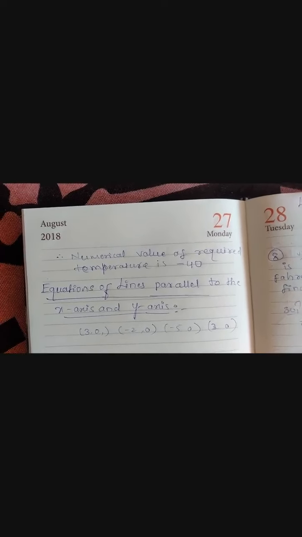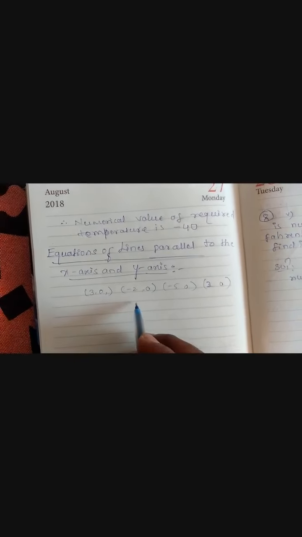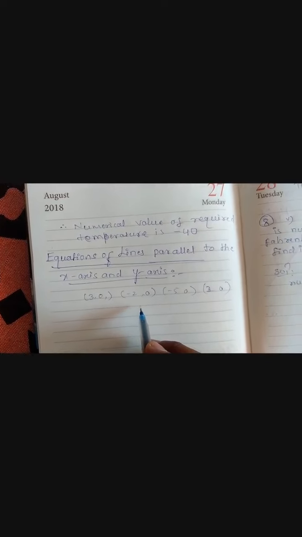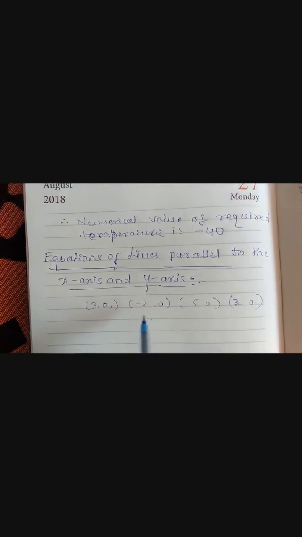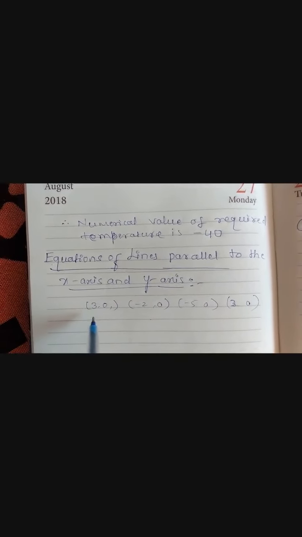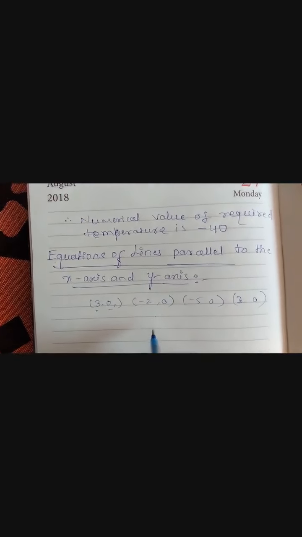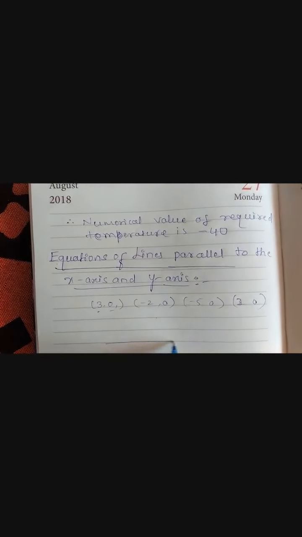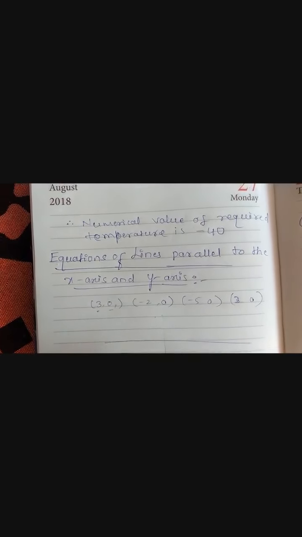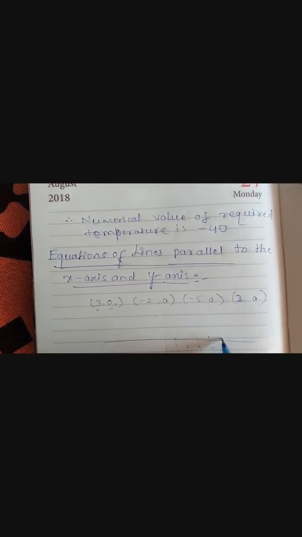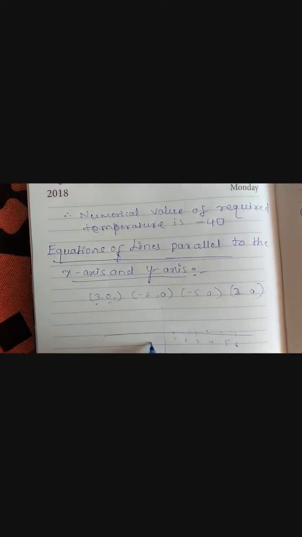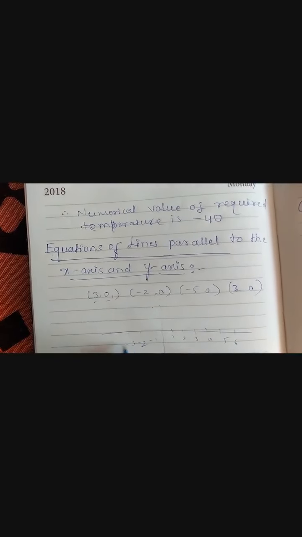See where these points lie. For example, if you draw all these coordinate points, the graph will lie on the x-axis, because here y is 0. You can see that in the graph also. See, this is the x-axis and the y-axis. If you mark 1, 2, 3, 4, 5, 6 and so on, and this side minus 1, minus 2, minus 3, minus 4.